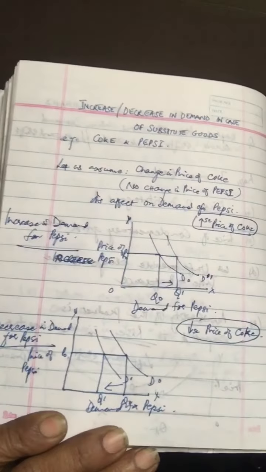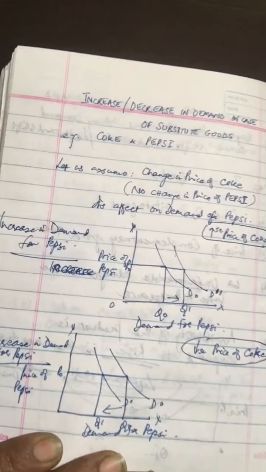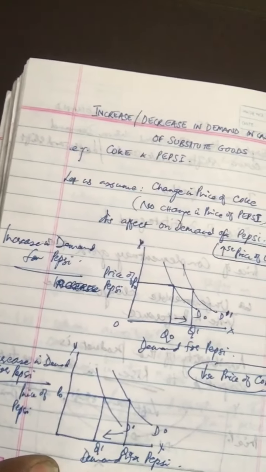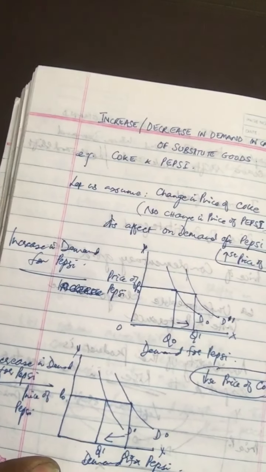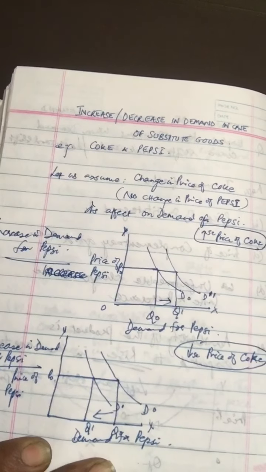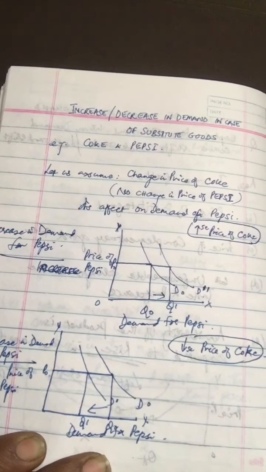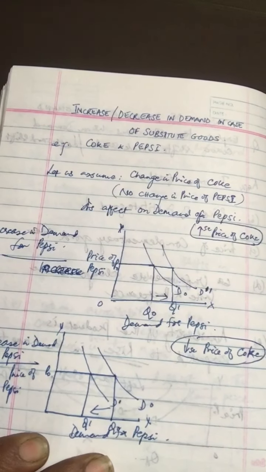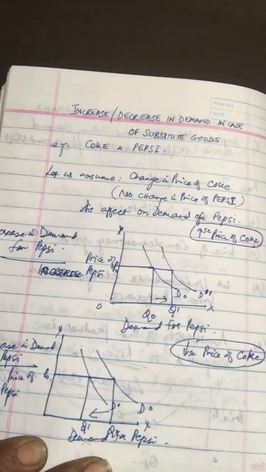But in substitute goods, how does it happen? I'm going to explain with the help of these two diagrams. Let's take the same substitutes that we've been doing earlier, which is Coke and Pepsi.